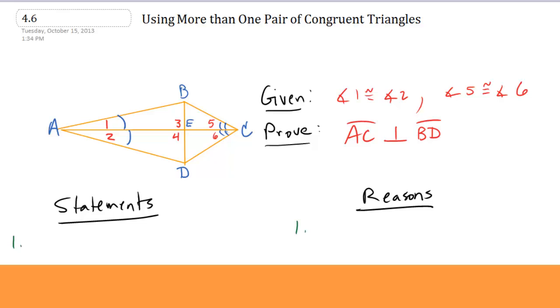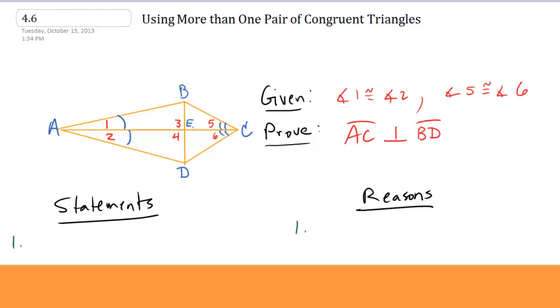So I look at what I have, and I've got one pair of angles already congruent, and they share the side AE, but I don't know any other information. So I'm going to have to use other triangles to figure that out.